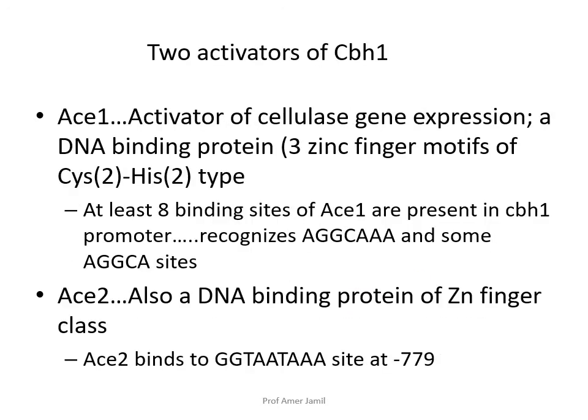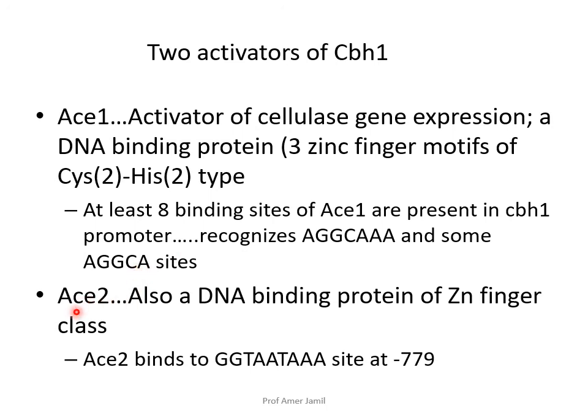Now, how does the activation of CBH1 take place? There are two activators. One is called ACE1, activator of cellulase gene expression. This is a DNA binding protein having three zinc finger motifs of this nature, two cysteines, two histidines. At least 8 binding sites of ACE1 are present in the CBH1 promoter, and they recognize these sequences.